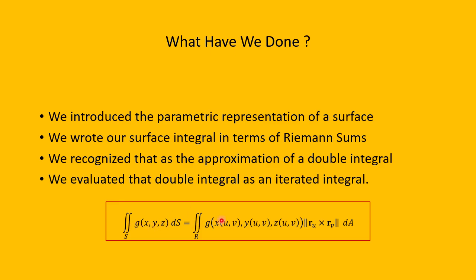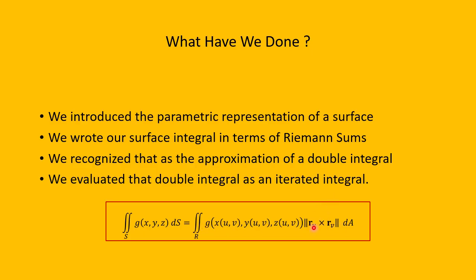This double integral is just a function of u and v, and so the surface integral of g times dS was the integral over R of this function of u and v times the cross product of partial derivatives of our position vector function, dA.